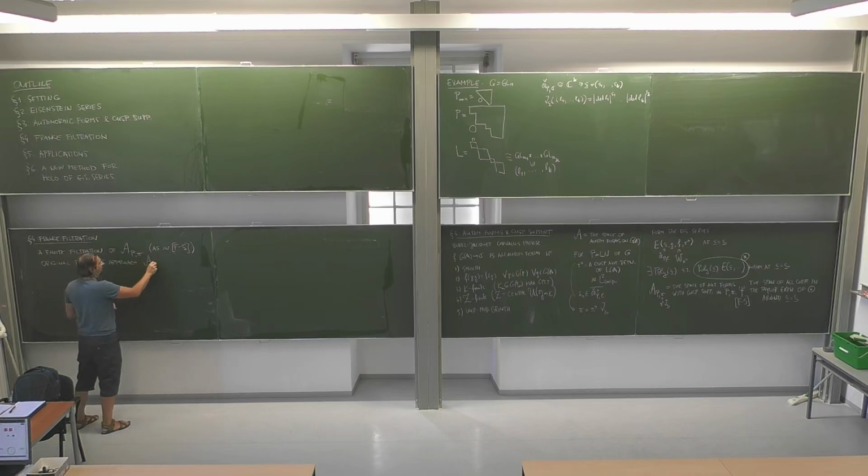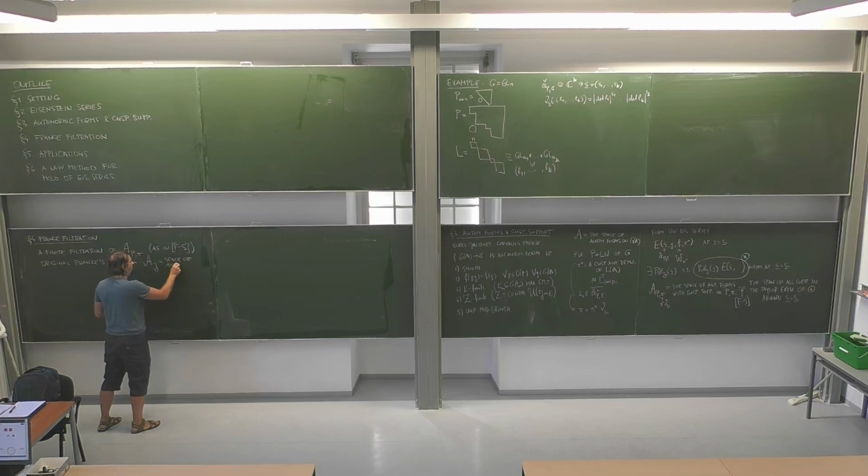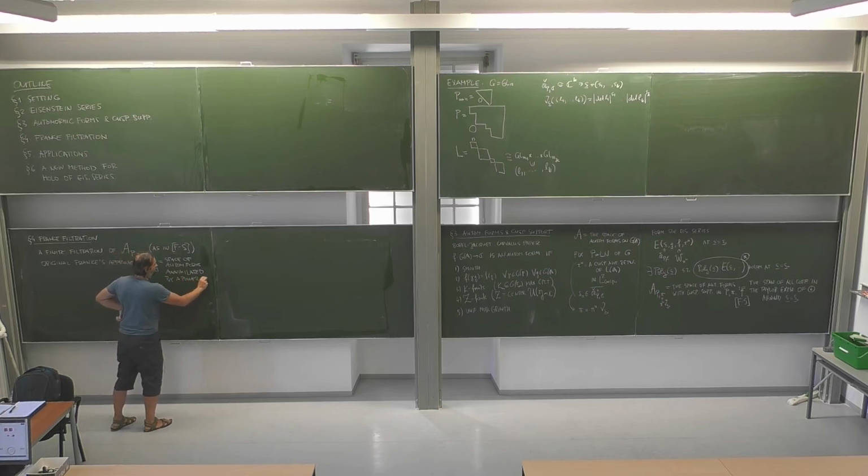He looks at the space called AJ, which is a space of automorphic forms annihilated by a power of J, and J is an ideal of finite codimension in the center of the universal enveloping algebra mentioned before.